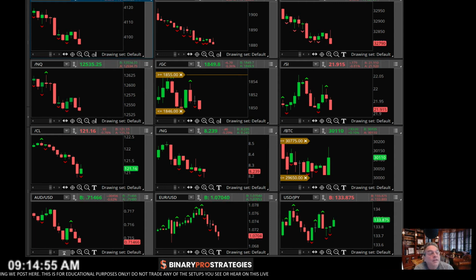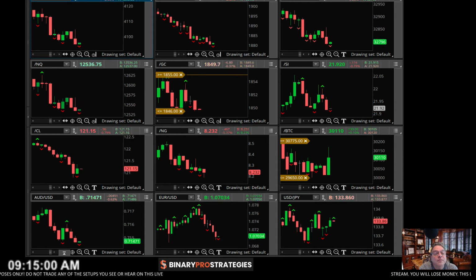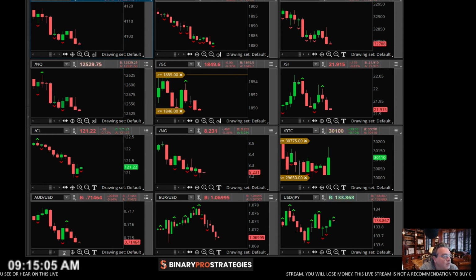Looks like the yen is reversing. Still short at 133.87. We've got a second to go. That's at 88.4. That's going to be a loser on that US yen.